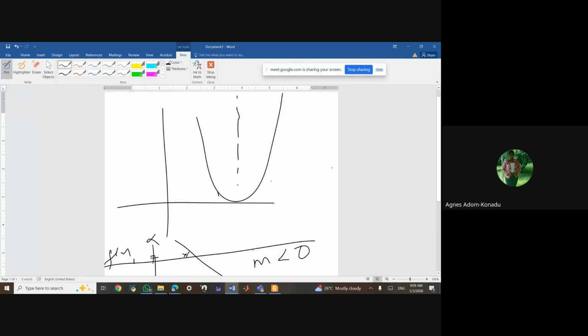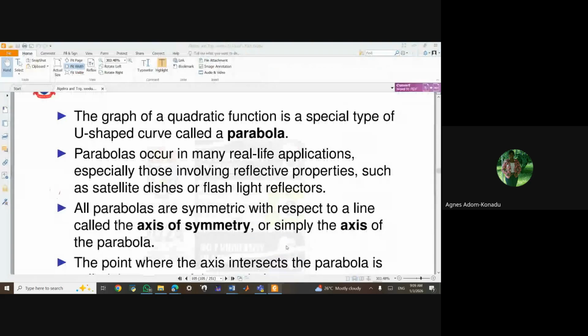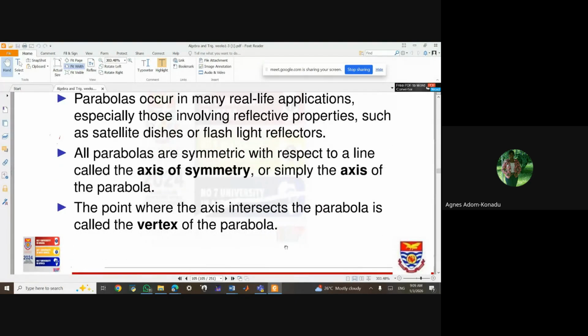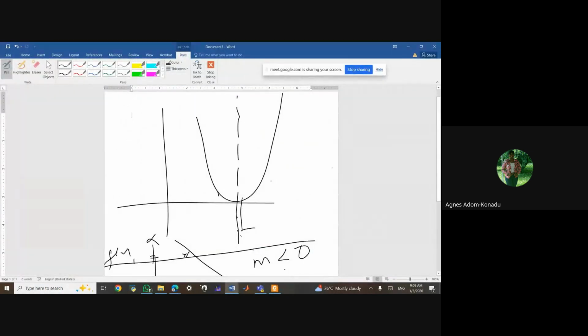Then you have a line that divides it, and this line we call the axis of symmetry. Then the point where the axis intersects the parabola is called the vertex of the parabola. This point, we call the vertex.